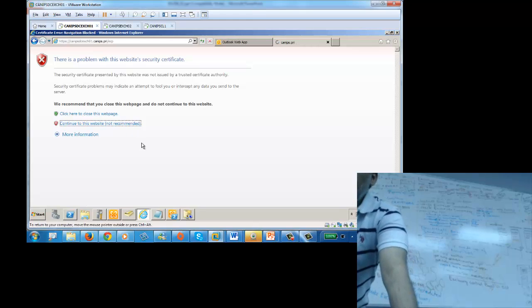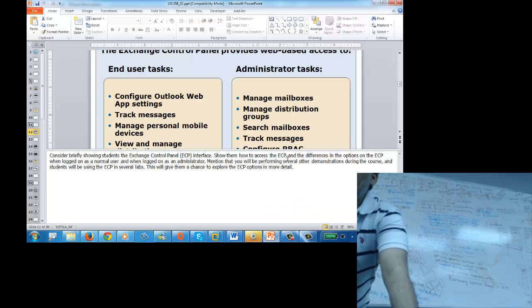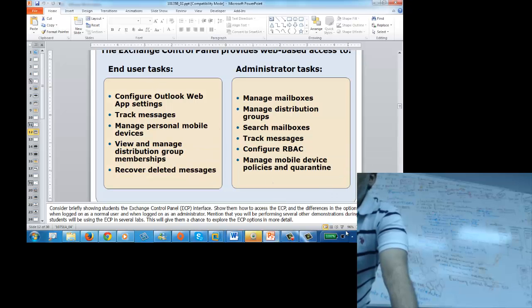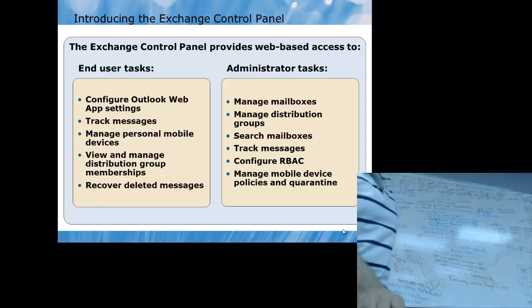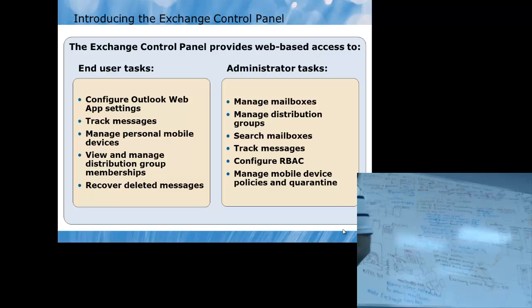When connecting to ECP, what can it give you? Guys, ECP basically gives you these. Once it is on for end users, for help desk, or for any user who needs to see his own profile, they can do this.